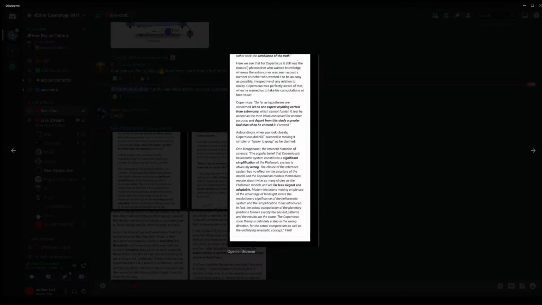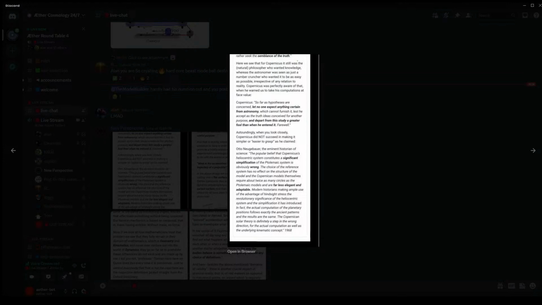Anyway, so he says, the eminent historian of science Otto Neugebauer says the popular belief in Copernicus's heliocentric system as a significant simplification of the Ptolemaic system is obviously wrong. The choice of the reference system has no effect on the structure of the model, and the Copernican models themselves require about twice as many circles as the Ptolemaic models and are far less elegant and adaptable.